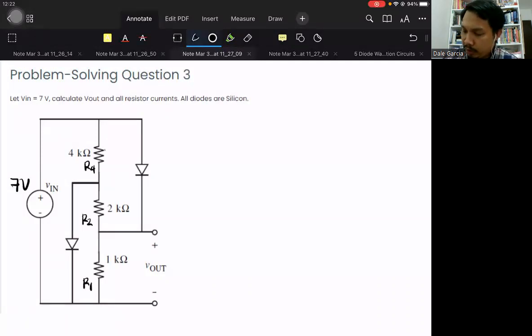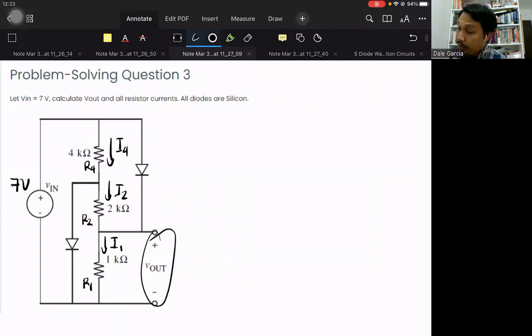So this is R4 or the 4K resistor, R2 the 2K resistor, R1 the 1K resistor. Let this current be I4, this current I2, and this current I1. First we find Vout, and all the resistor currents.